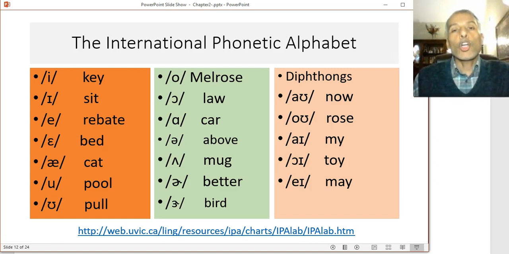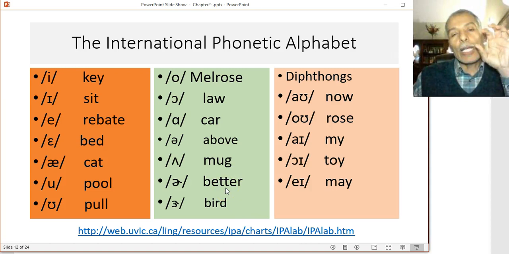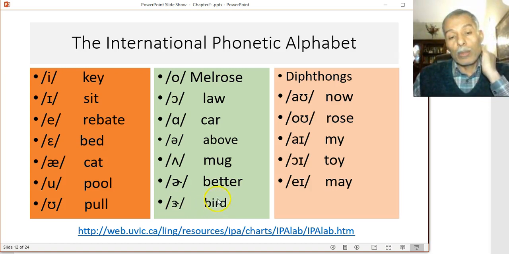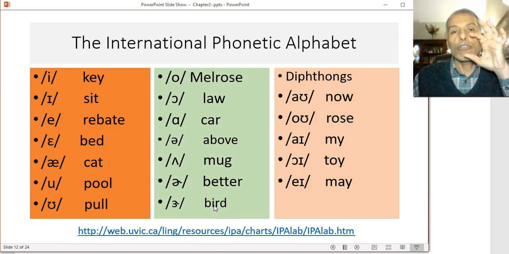So, better. It's a vowel that has rounded lips, and it's not as emphasized, it's not as long. But when you say the word bird, it is stronger, it takes more muscular energy. So that is the symbol that is used for bird. I stir, I want to have a stir fry.